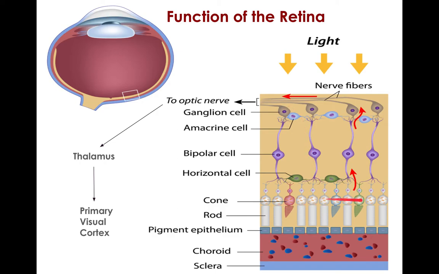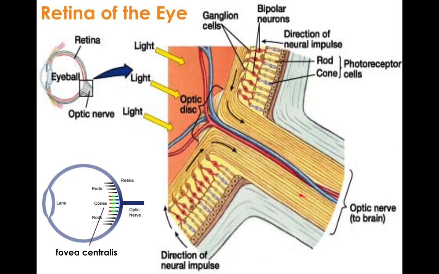Before we do that, let's just make sure we understand that the light coming from the cornea, through the lens, is being directed toward the back of the eye. And you can see here that it has to pass through all of these axons.